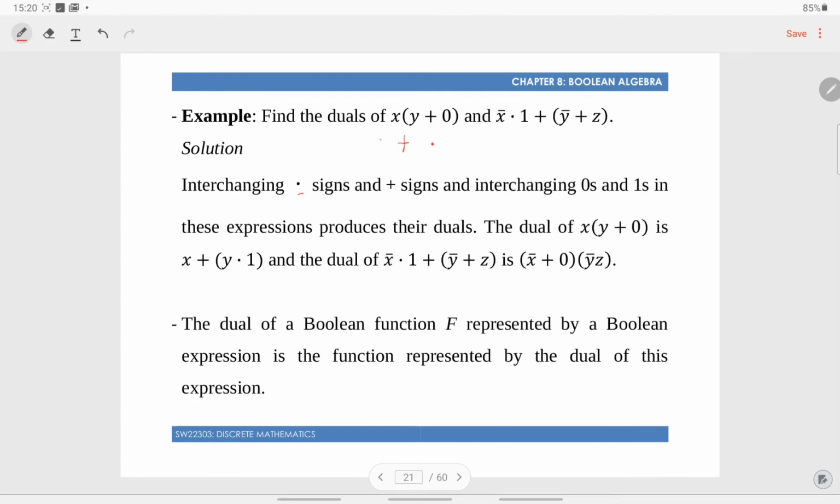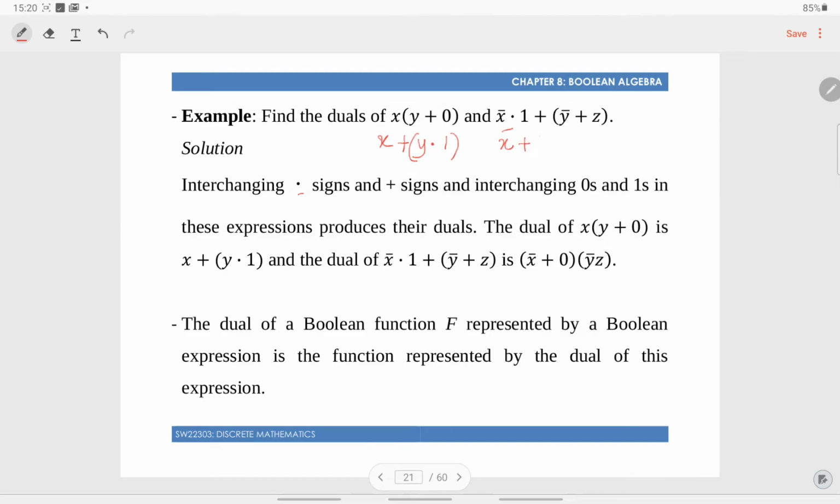Okay, and then we have x. We have y, maintain y. So 0 is interchanged with 1. Don't forget to put the parentheses again. That's for the first one. For the second one, x complement we maintain as x complement. Boolean product is interchanged with Boolean sum.